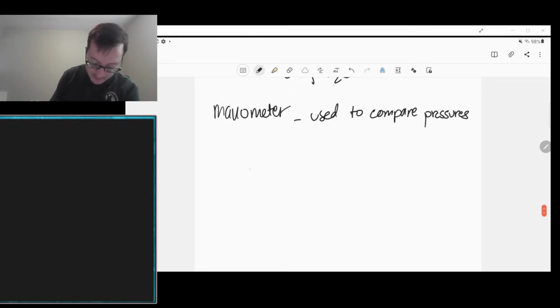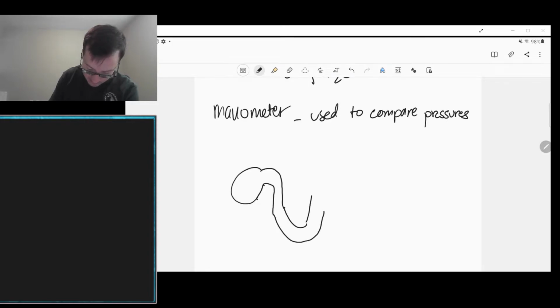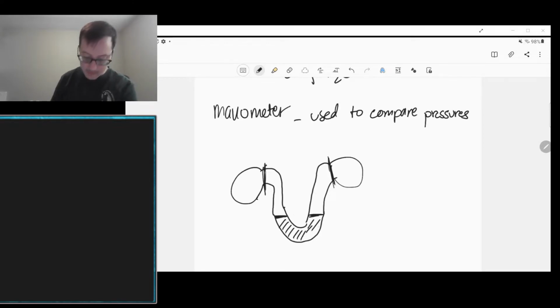And so you might have a tube that goes between two gas containers, and maybe they have little walls that separate them, and there's liquid inside. And so we have two gas samples with different pressures.